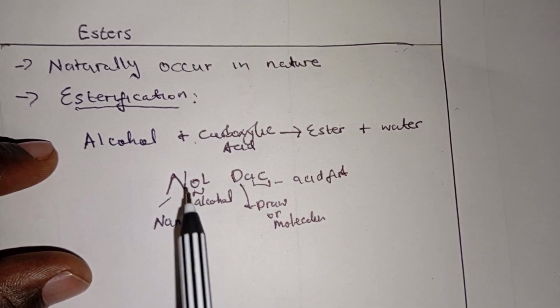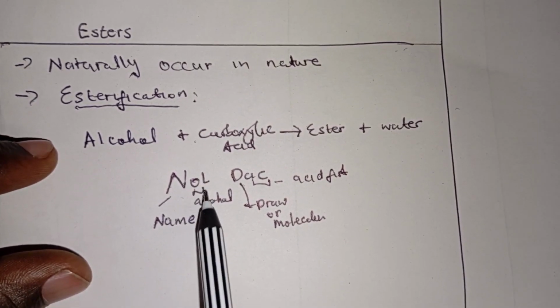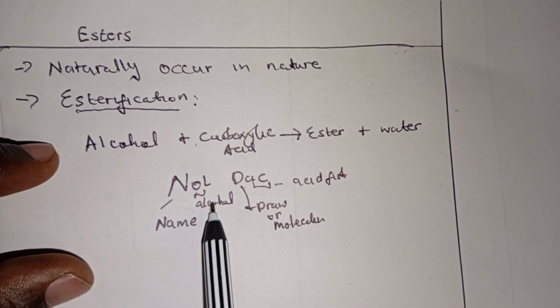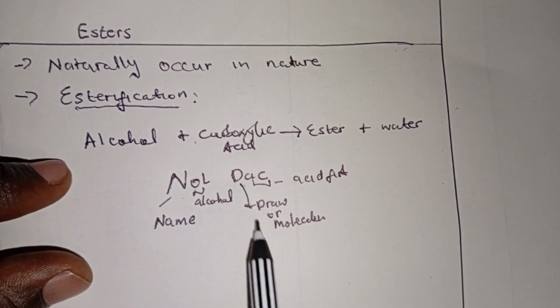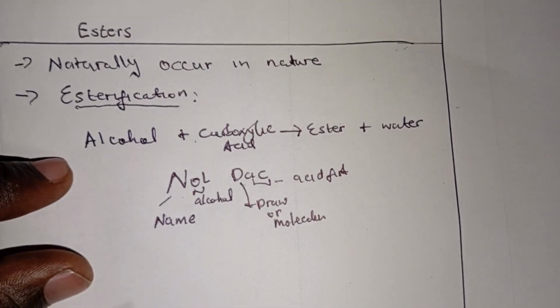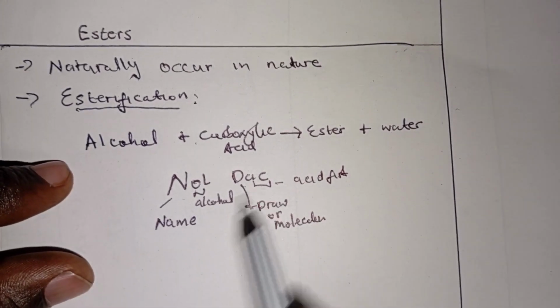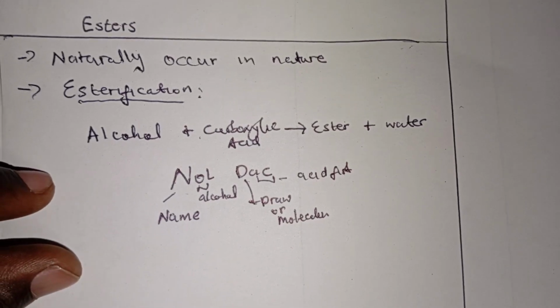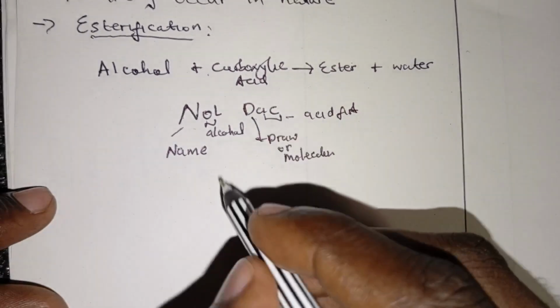So what are we saying? When you're naming the ester, giving it a name, you name the alcohol first. When you're drawing or giving it a molecular formula, you name the acid first. So let's have an example.